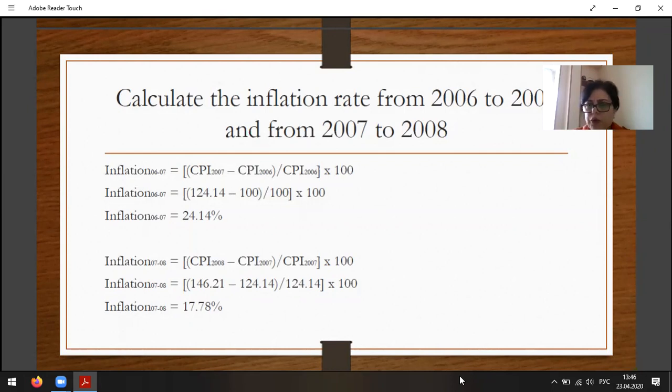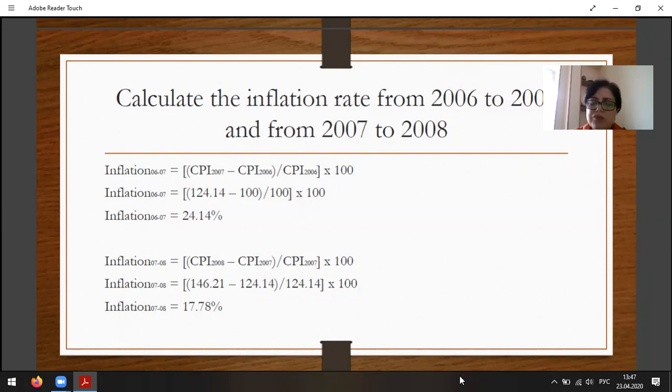The same formula. The formula doesn't change because that's a general approach for calculation of the inflation rate. Then we substitute the numbers, and very simple calculations allow us to get the result. So the inflation rate for the next year is 17.78%.